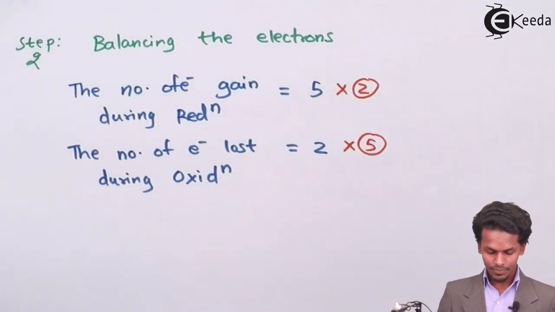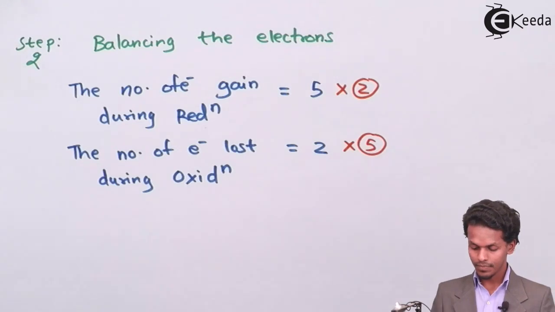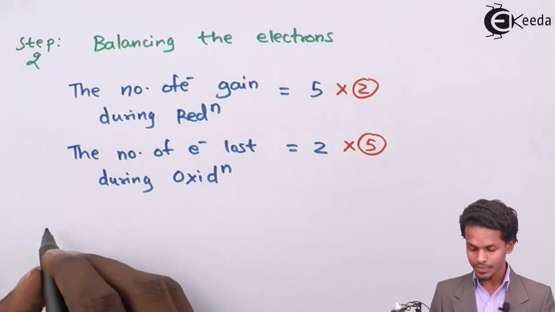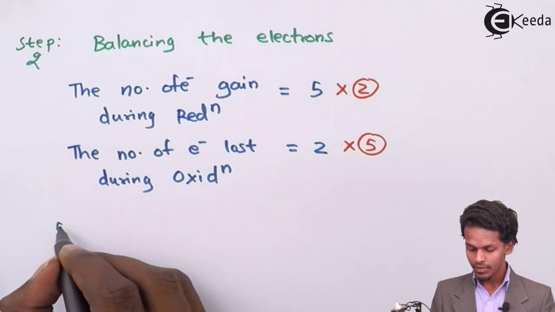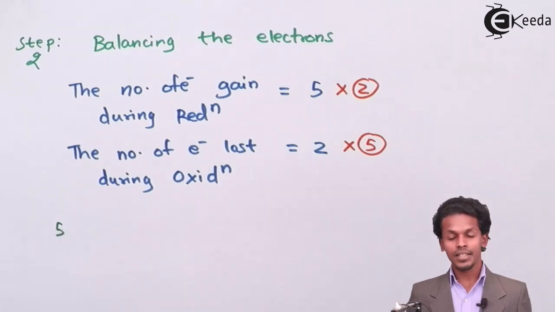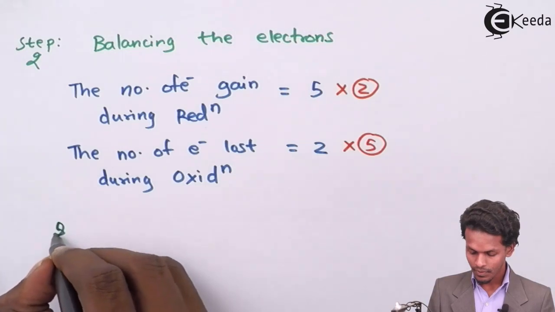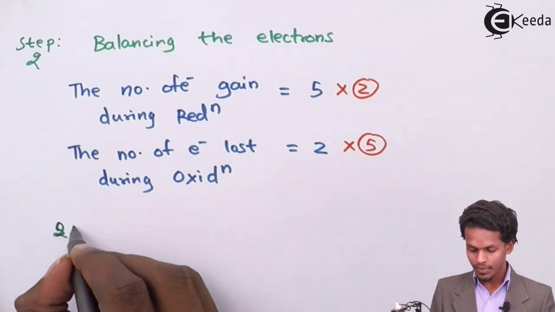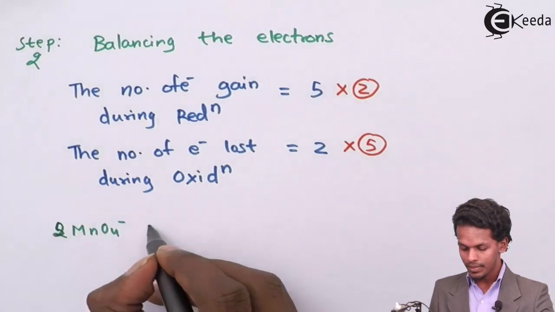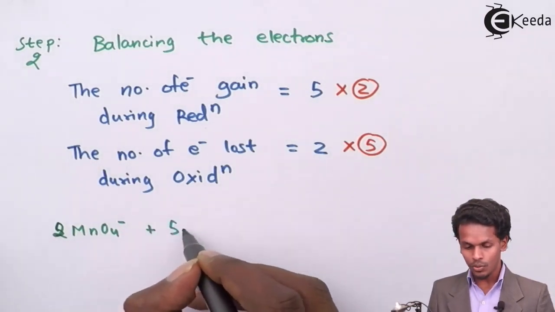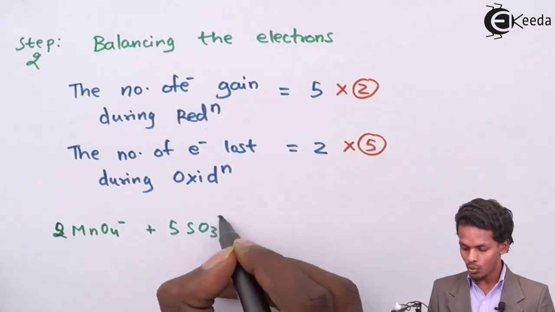We'll get the new equation as 2 into MnO4 minus plus 5 into SO3 2 minus.